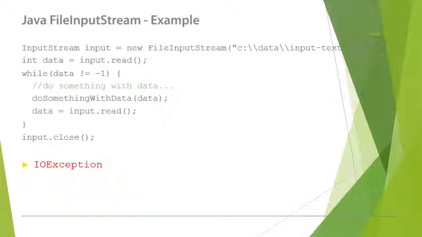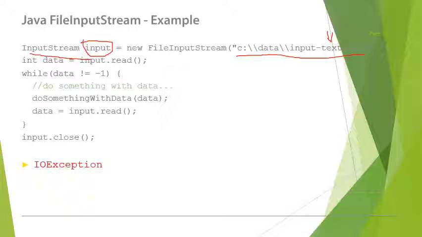Now we can see a simple example. Here we can see InputStream. It's a class, so we want to create an object. We have created the object as input. Now we want to provide the path of the file. That is, text.txt is our file, which already exists and which we are reading.